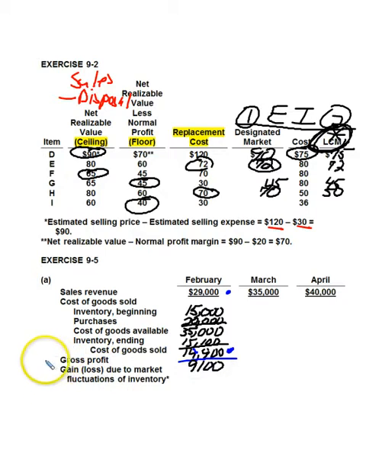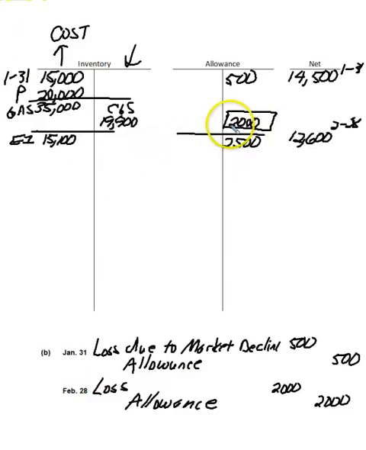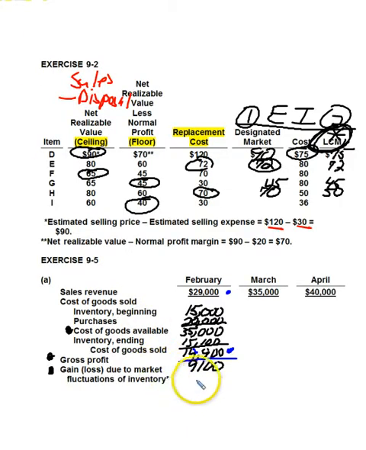Okay, so the point is that cost of goods sold, that expense, is part of gross profit, right? We take sales less cost of goods sold to get gross profit. The other thing I like about this exercise is it's going to point out, though, that when we solve for that loss of $2,000, that is not a part of cost of goods sold or gross profit.